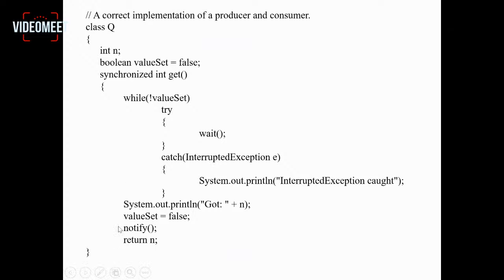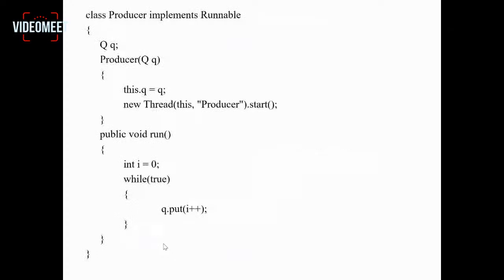After the while loop is exited, you will print "Got n", whichever item is received from the producer. Then valueSet will be made false. Then the notify method is called. The return statement will return the value to wherever you call this get method.